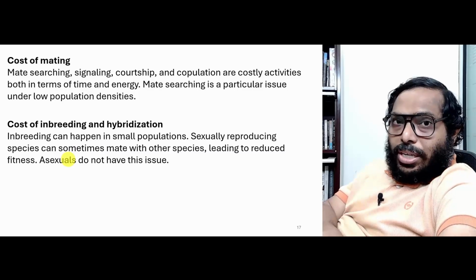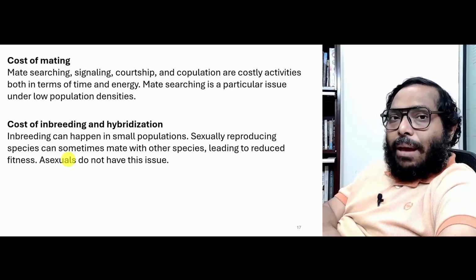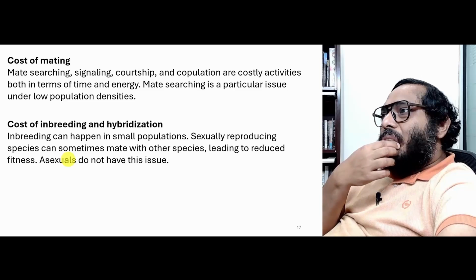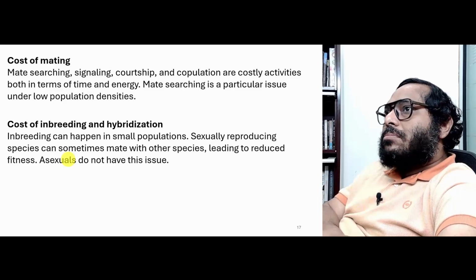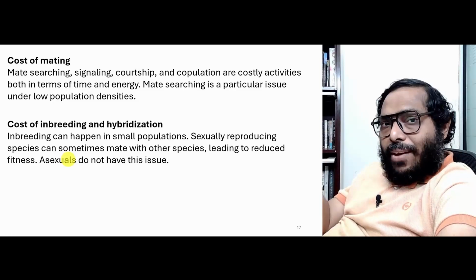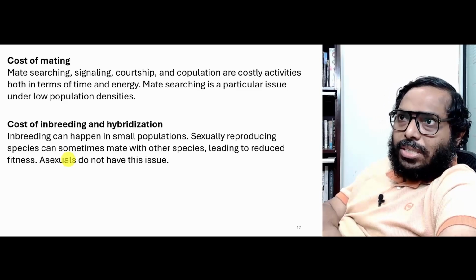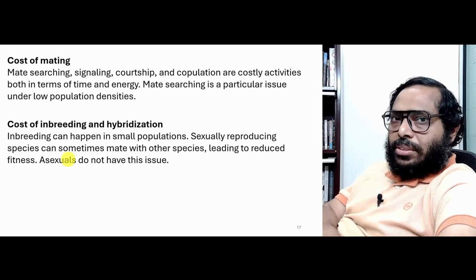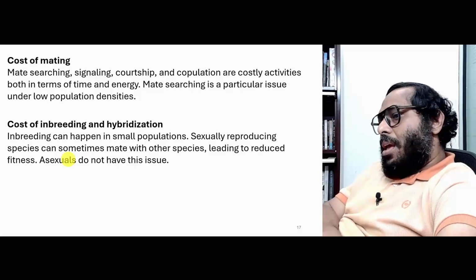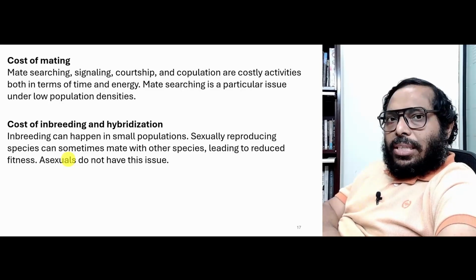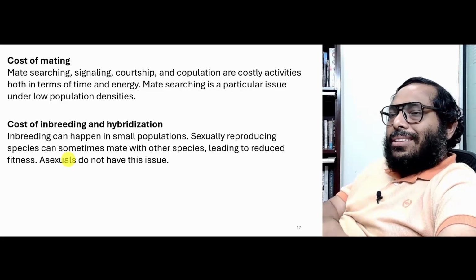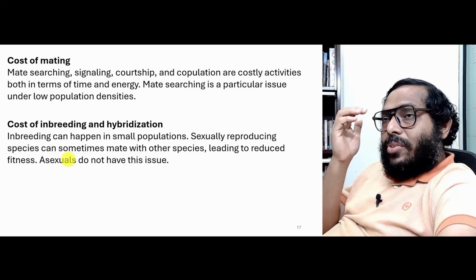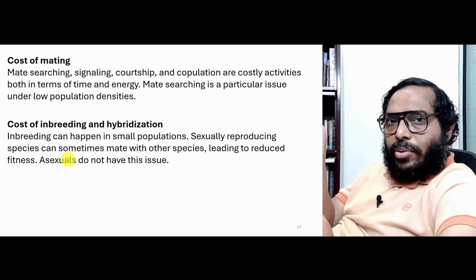So, as we have already discussed, inbreeding can happen in small populations, and sexually reproducing organisms sometimes, if they are not able to identify mates of their same species, by mistake end up mating with individuals of other species. It is known, it keeps on happening. In most of the cases the hybrids are not even formed.